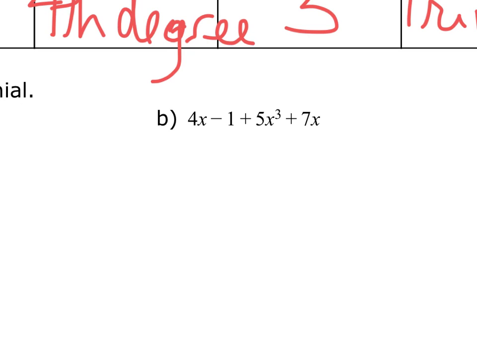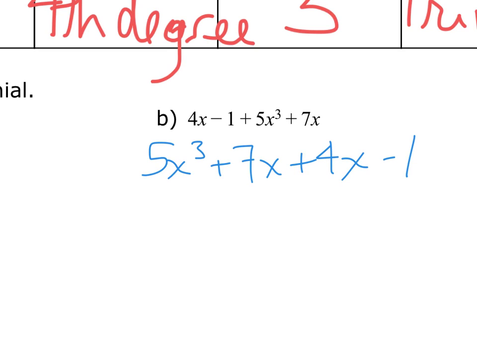All right, so first I'm going to write this in standard form. What's my biggest exponent? 5x cubed, that's 3, right? So I'm going to rewrite this so that I have 5x cubed and then plus 7x plus 4x minus 1.